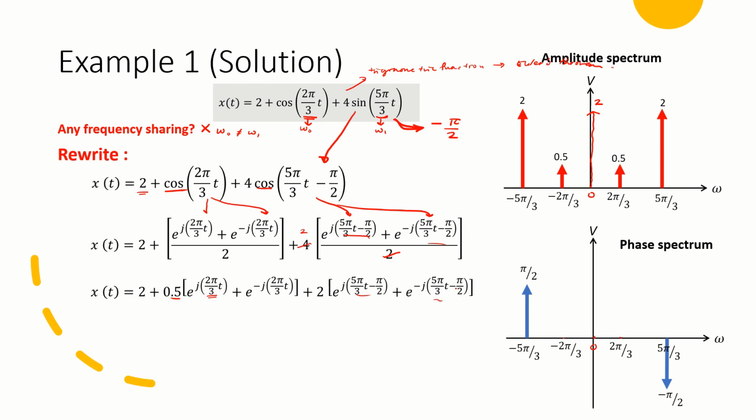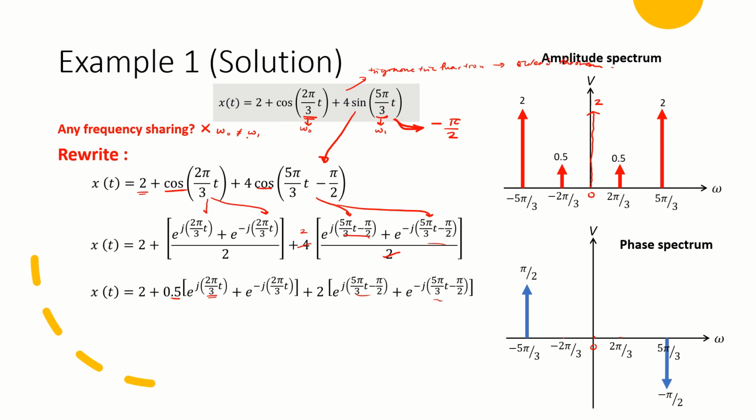And then at minus 5 pi over 3, it's going to be positive, facing upward, pi over 2.